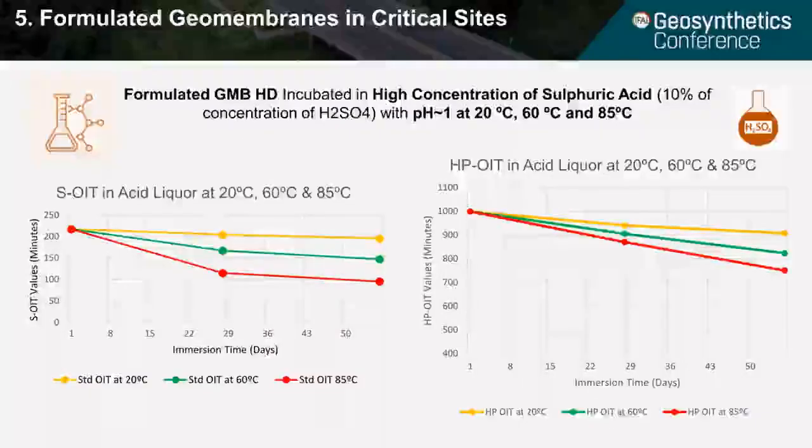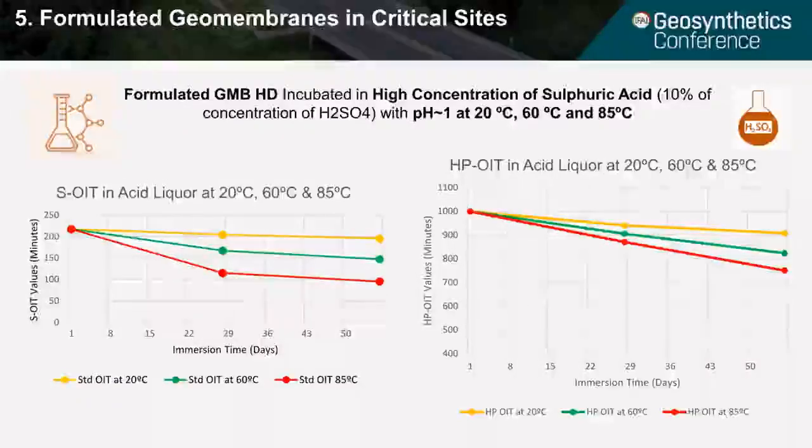In our lab for this paper, we have created a formulated HD geomembrane for a site where the liner will be in contact directly and permanently with high acid liquid, similar to the condition presented in a gold mine. It has been formulated with high quality resin, a high amount of antioxidant, specific ones resistant to acid environments, and with high molecular weight.